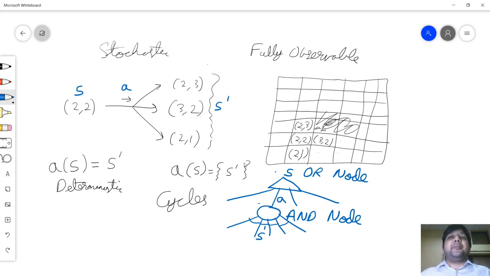However, talking about the OR nodes, I just need to get one solution. Which branch do I select? That's in my hand. I select the branch, and because I select the branch, if I get a solution out of this branch, it gives me a solution. I say, I don't care about the other branches.